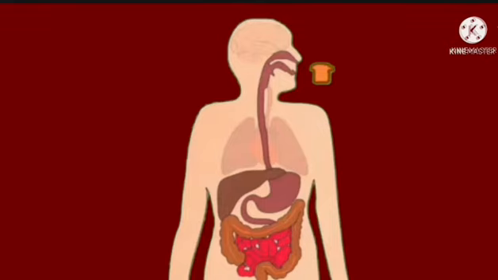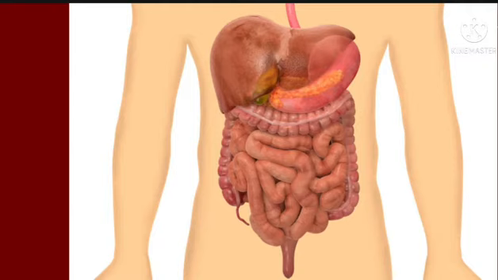Lipids are converted into fatty acids and glycerol. The simple substances thus formed are absorbed in the jejunum and the ileum region of the small intestine. The undigested and unabsorbed substances are propelled into the large intestine.